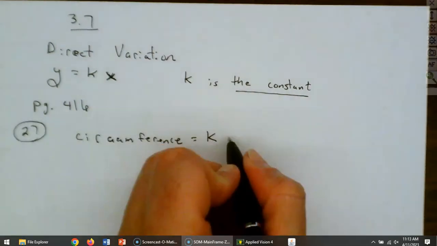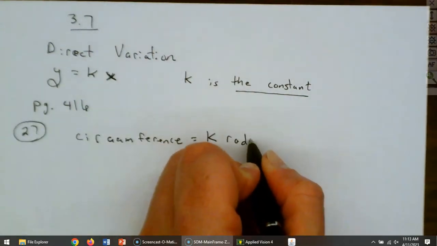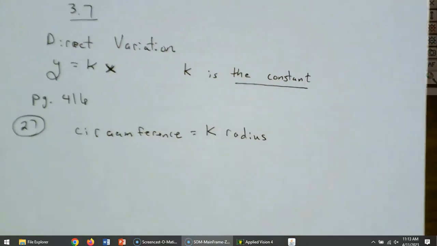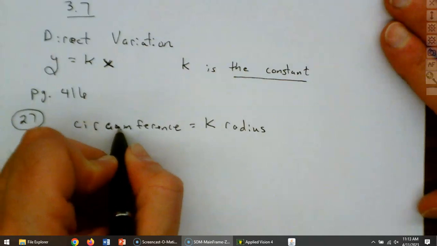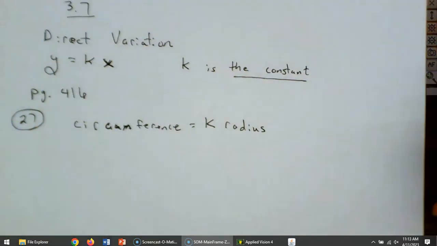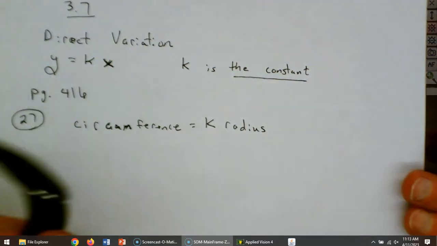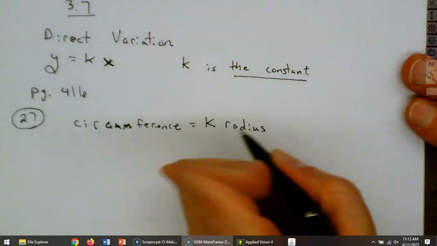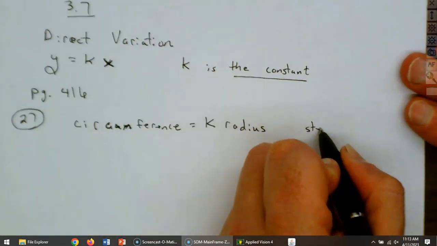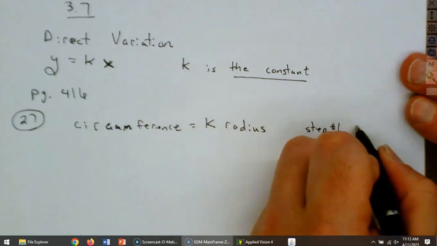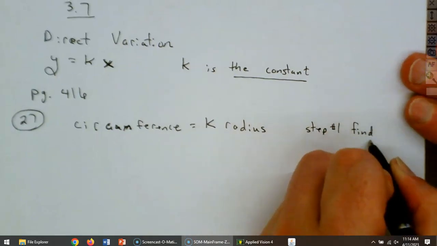So that's k times the radius. So this is our formula. Now, what do we know? Okay, when we read this, we're now going to plug our numbers in because we have to find k. That's our first step. Step 1 is find k. That's your constant.